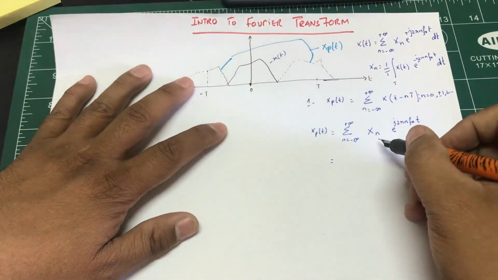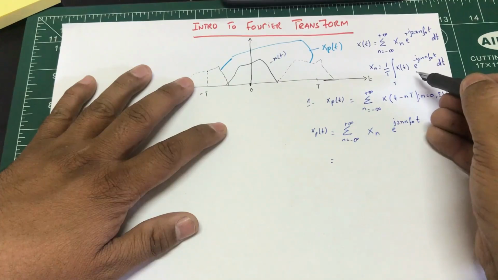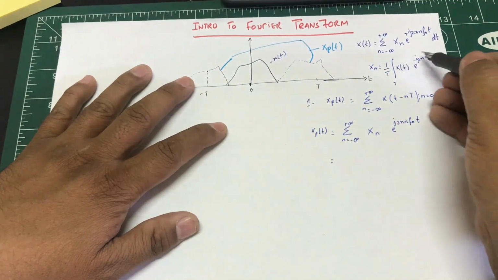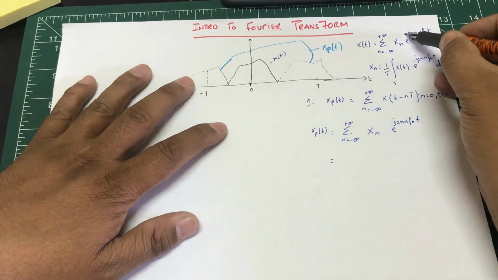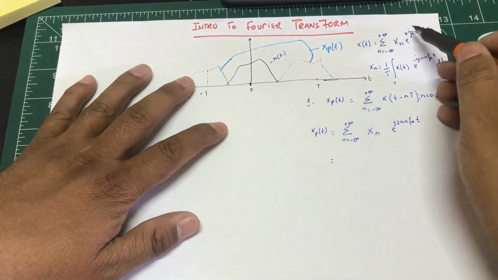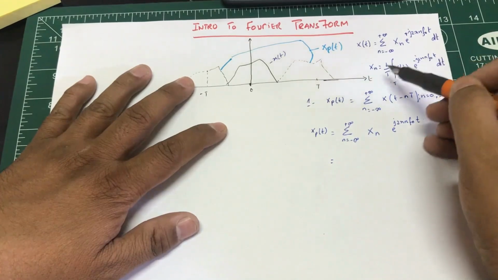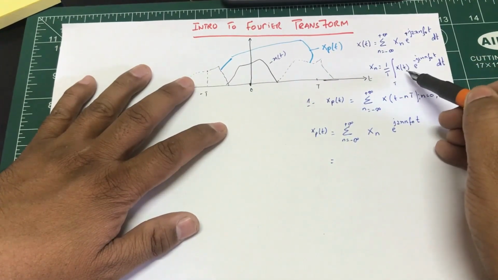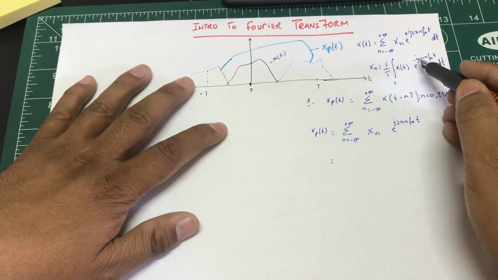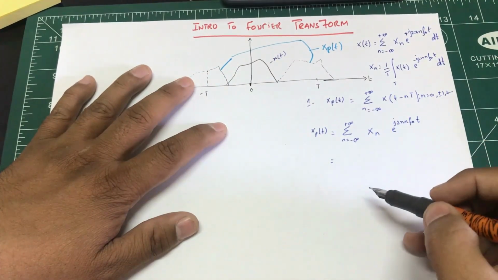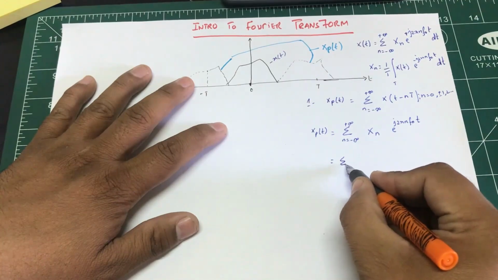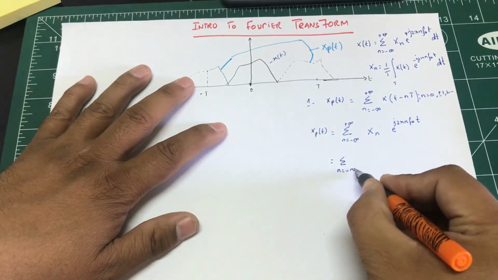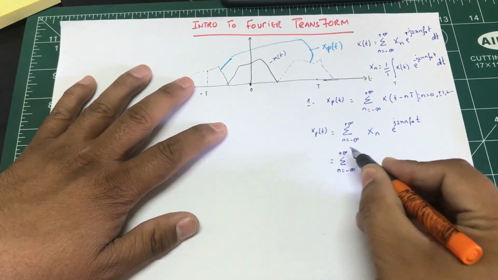Now, what is the definition of xn? The definition of xn is given inside of this, isn't it? This is the Fourier definition. In Fourier series, we came up with this. This is the main equation, and x of n is equal to 1 over T times the integral of x of t, whatever that signal is, e to the negative j 2 pi n f0 t. So I'm going to take the summation out, that is, n as it goes from negative infinity to positive infinity.